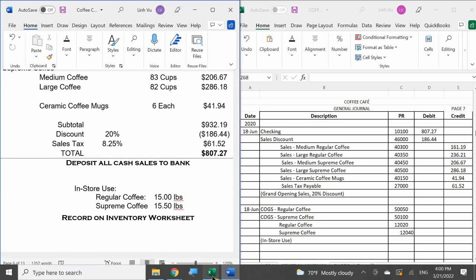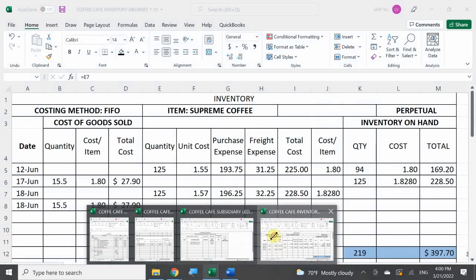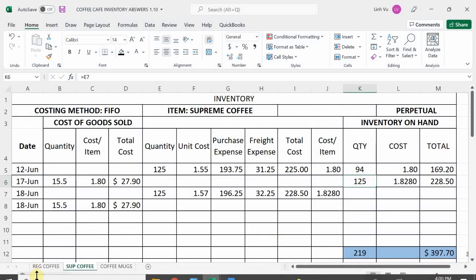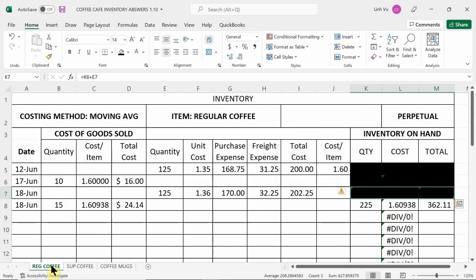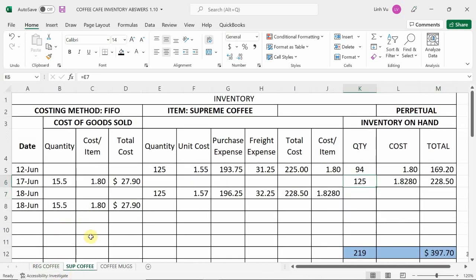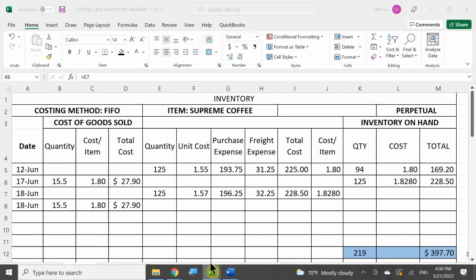Now that I have my cost of goods sold, for my regular coffee, it cost me $24.14. For my Supreme coffee, it cost me $27.90.